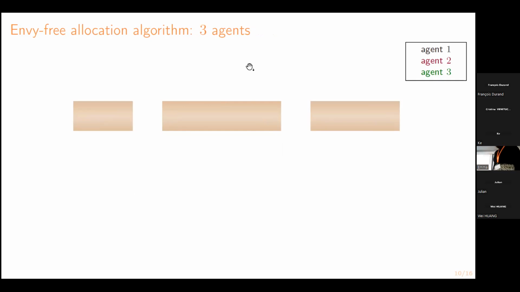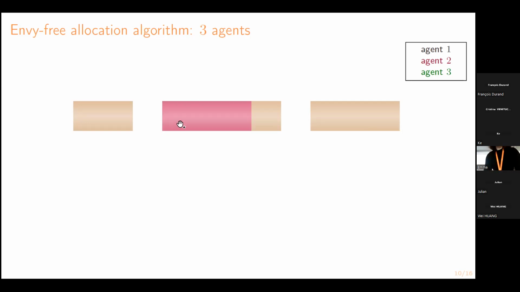You ask both agent 2 and 3 to trim this piece so that its utility is the same as the utility of their second favorite piece.